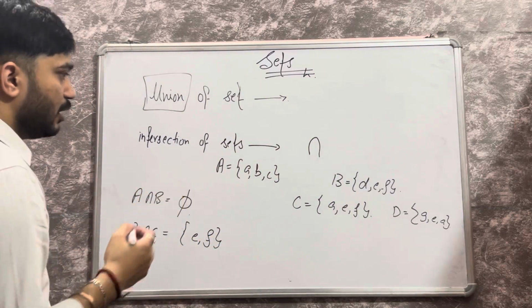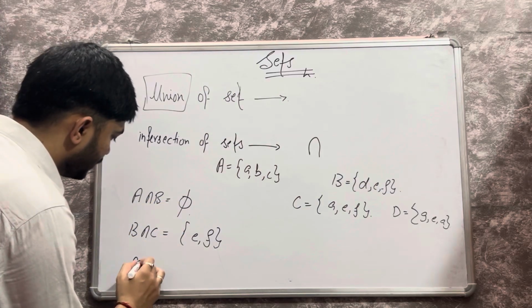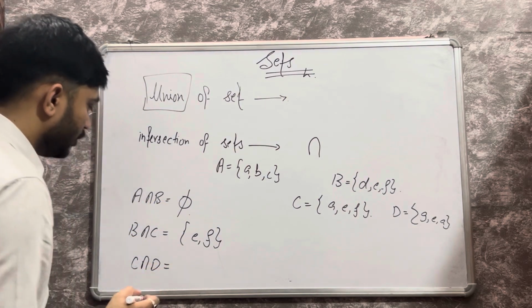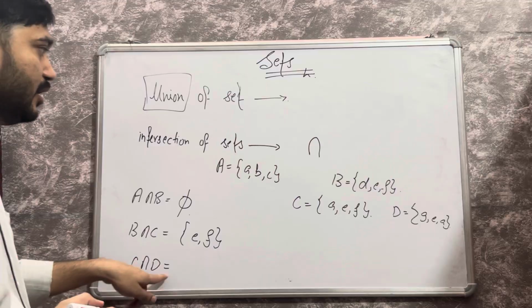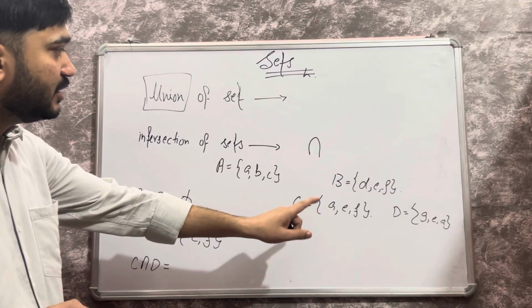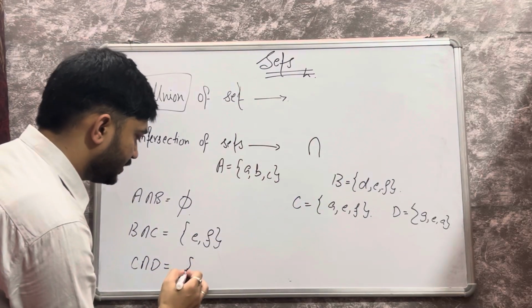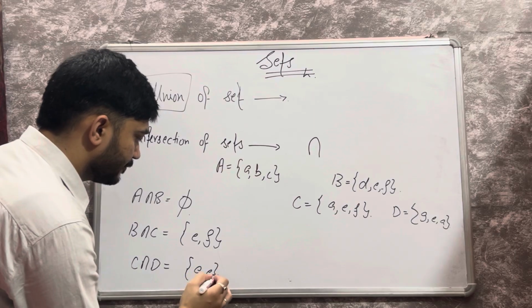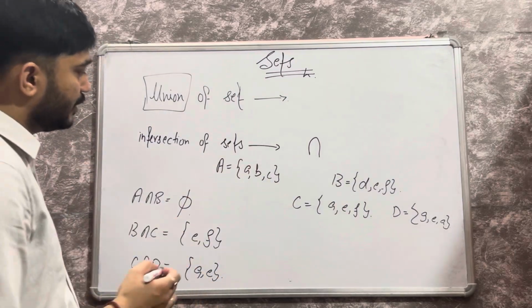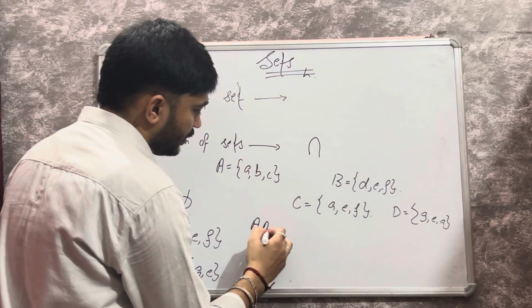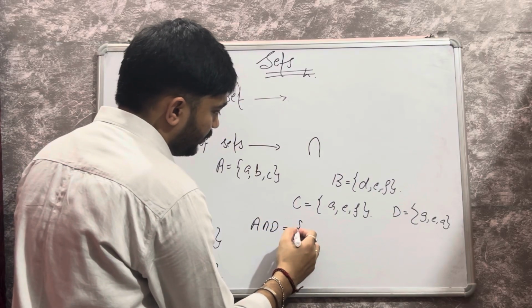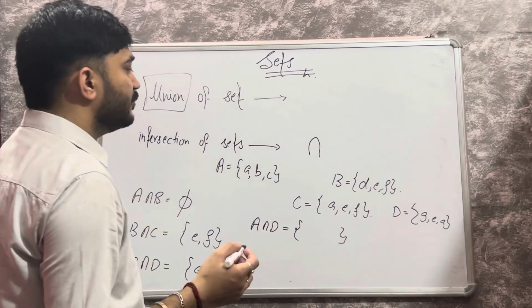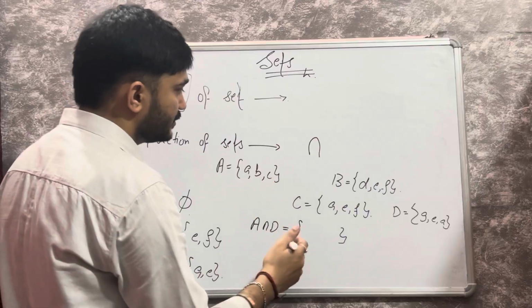If we see how many elements are common between C and D, we write it as C intersection D. We see two elements as common, that is a and e. If we write A intersection D, it means we find common elements between A and D, that is only a.